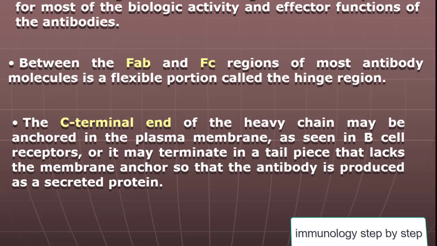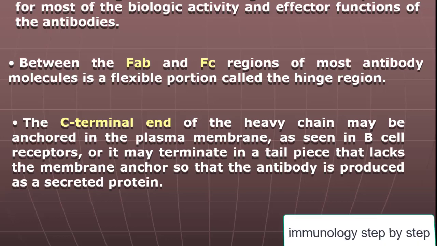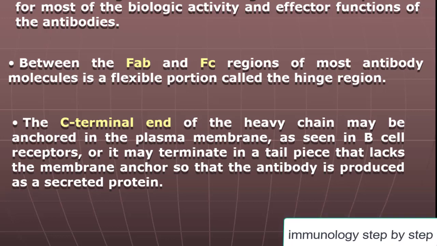Between the Fab and the Fc region of most antibody molecules is a flexible portion called the hinge region. The C terminal end of the heavy chain may be anchored in the plasma membrane, as seen in the B cell receptor, or it may terminate in a tail piece that lacks the membrane anchor, so that the antibody is produced as a secreted protein.